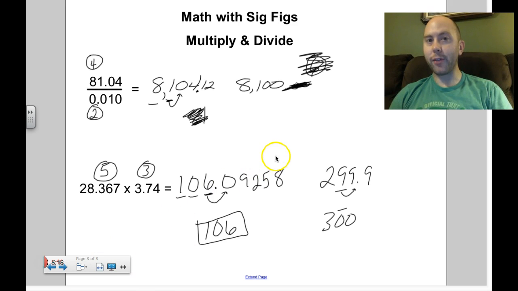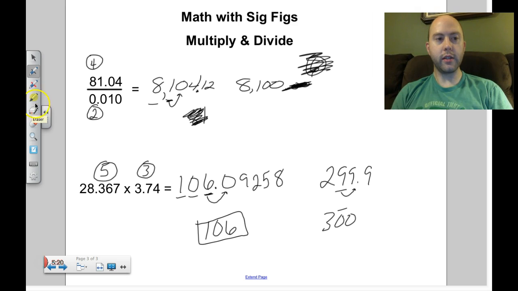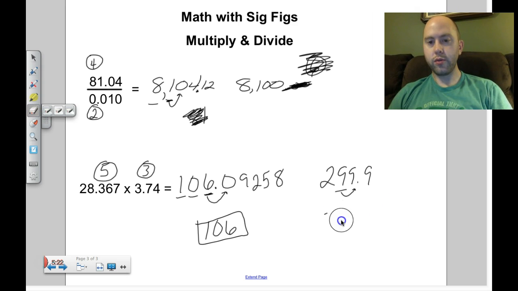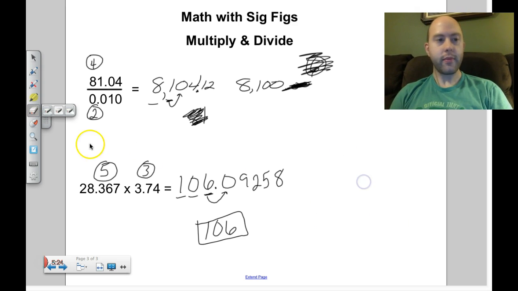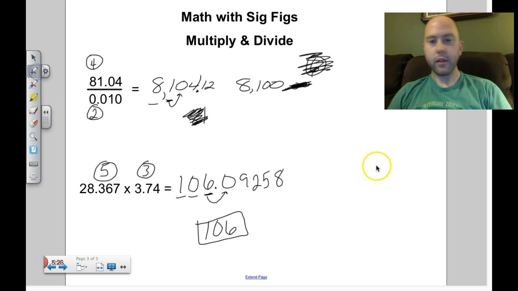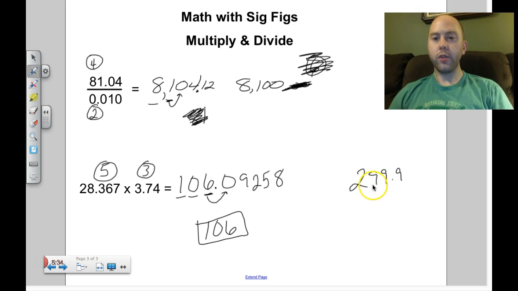If I wanted to have 3 sig figs for that one, let me erase this real quick. Rewrite it. 299.9. And again, let's say I wanted to have 3 sig figs for that one. 1, 2, 3. I got to round that up, so I get 300.